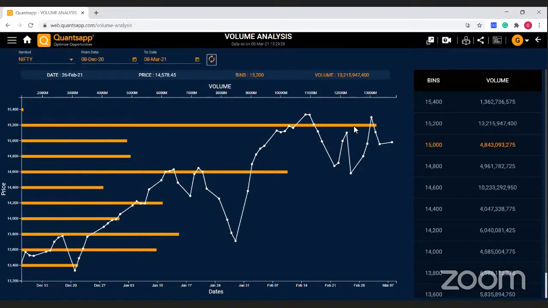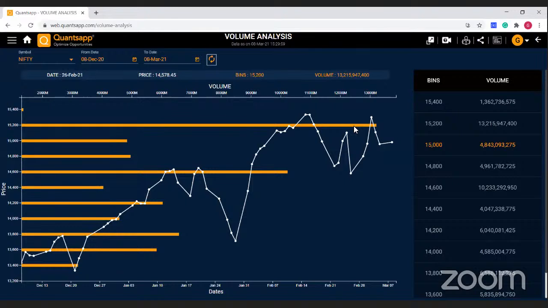Now it does not mean exactly 15,200, but the levels nearby it, like 15,190, 210, 205. They could be significant levels where the highest volume has been seen.